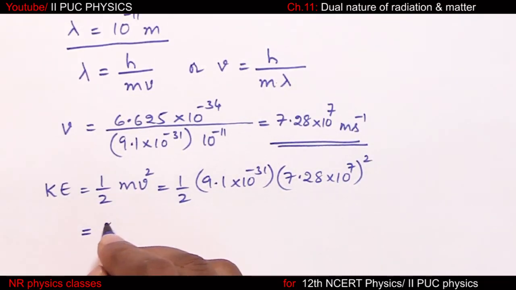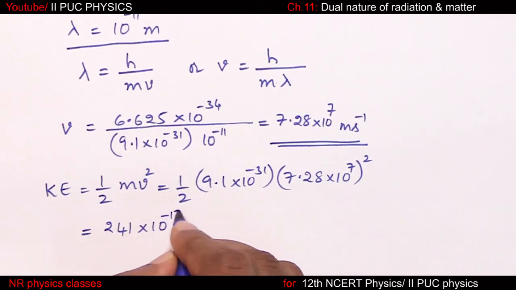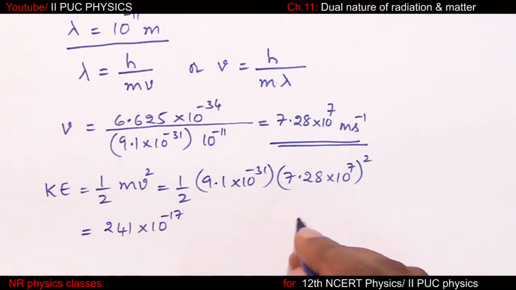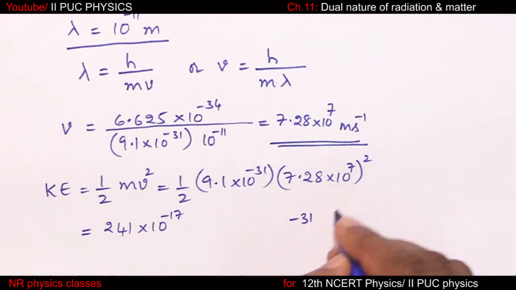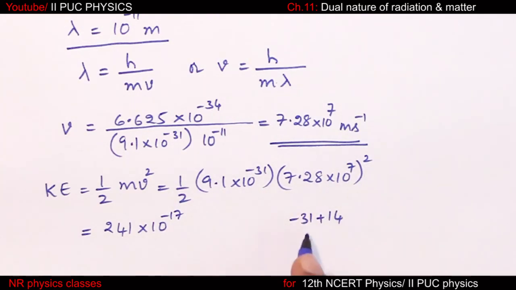Simplify, we get 2.41 × 10 power minus 17, minus 31, 7 square is 14. So simplify, minus 17, or 2.41 into 10 to the power of minus 15 joule. So this is kinetic energy.